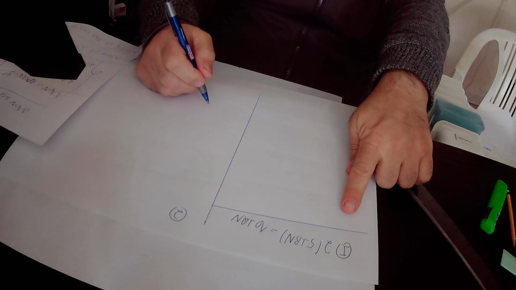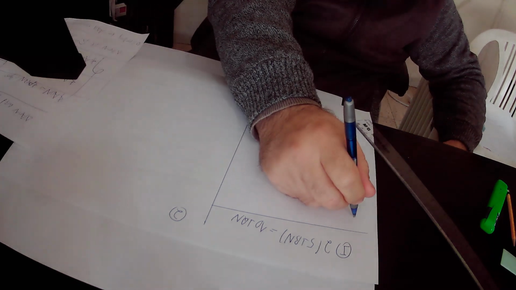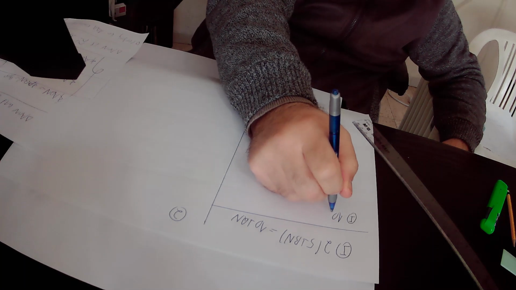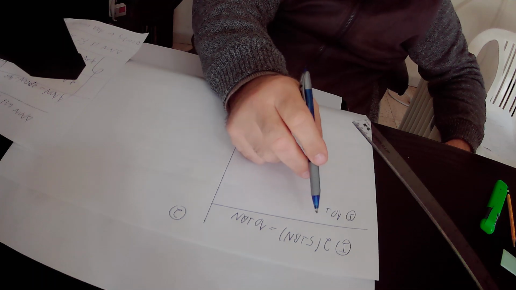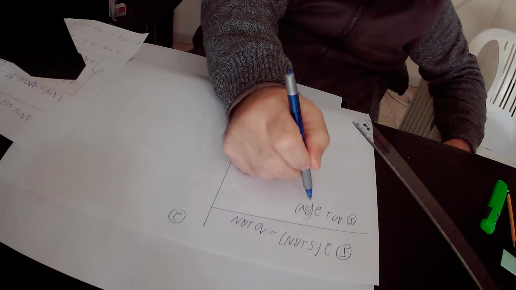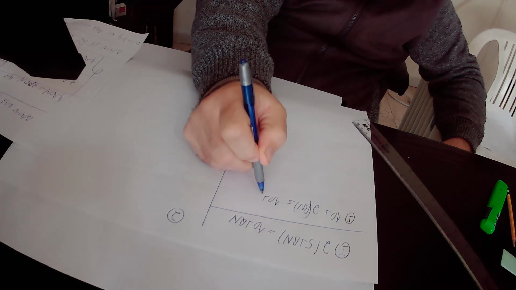Here we'll open the brackets on this side of equation number 1, and we get that 2 times 5 is 10 plus 2 times Bn is 2Bn. That is equals to 10 plus Qn.